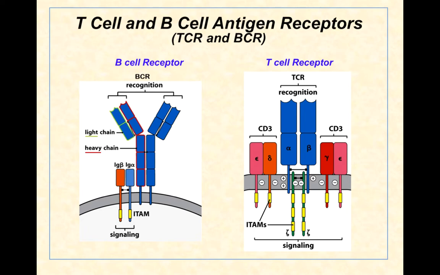It turns out that the recognition region, the antigen binding region at the ends of your T cell receptors and B cell receptors, are random patterns of amino acids. They're random. So the rest of the proteins, and there are multiple proteins involved, their primary structure is set genetically.